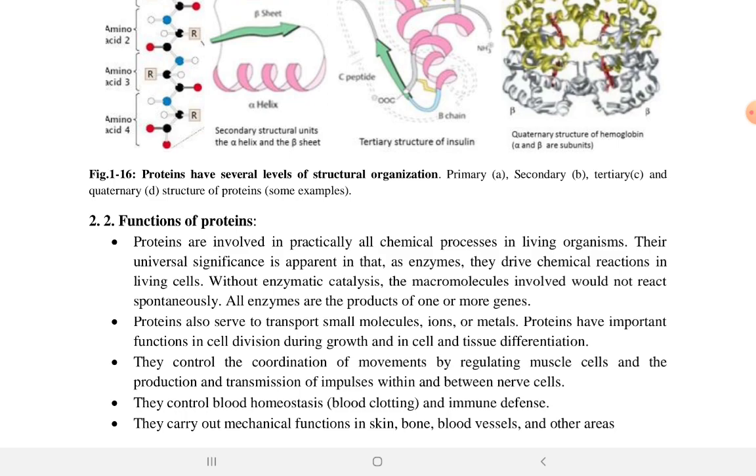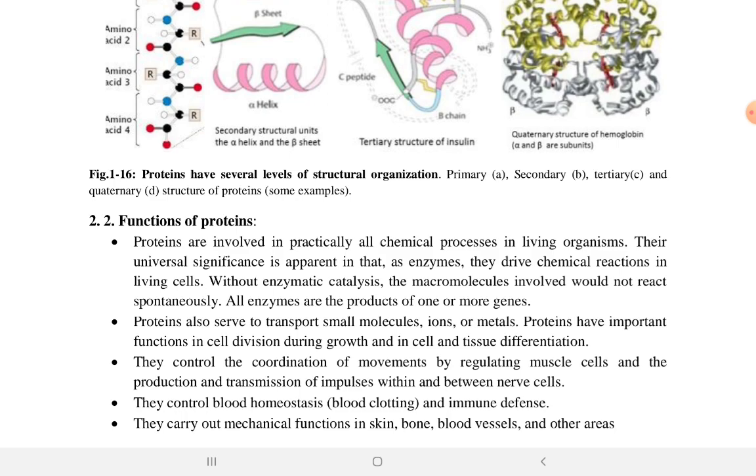As I said the first time, proteins are involved in coordination. As this point says, they regulate muscle cells, at the time when there is contraction and relaxation of muscles. In the coordination or contraction of muscle, the protein plays a big role in controlling that coordination of movements.